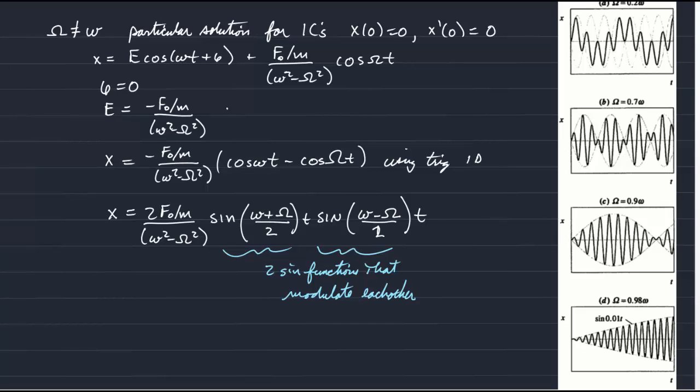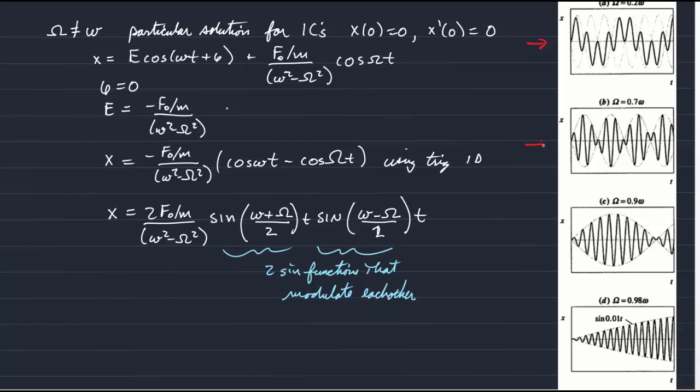Greenberg shows various examples of solutions for different values of the driving frequency compared to the natural frequency. In the top panel here, the driving frequency is much less than the natural frequency. So it looks like a long period oscillation superimposed with a short period natural frequency.